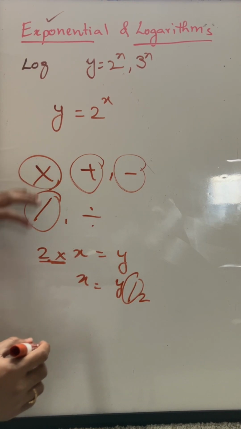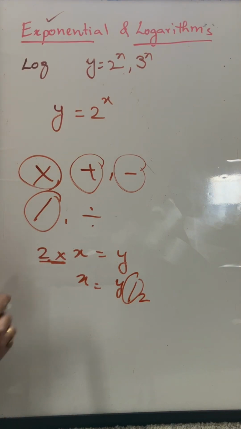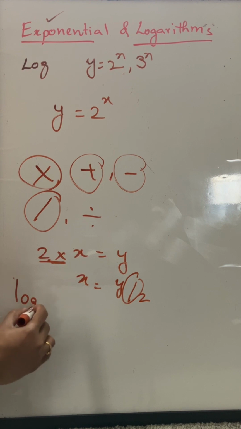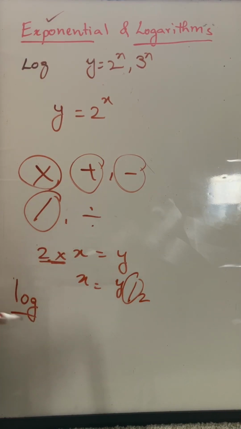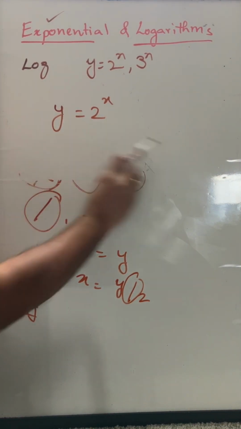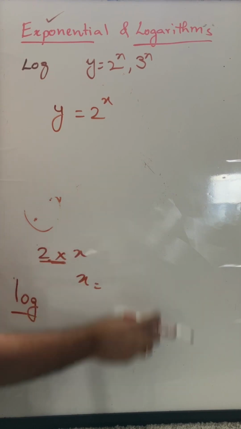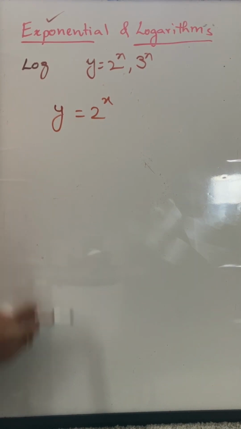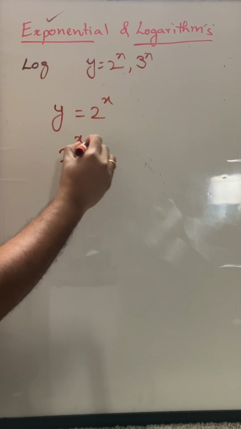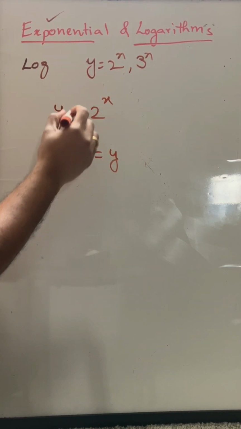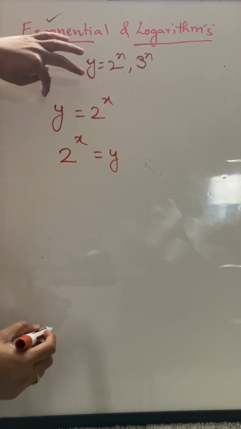Likewise, here we are introducing log. It is not a symbol, it is a short form of the English word logarithm. Instead of logarithm, we are just writing log. In this case, 2 to the power of x equal to y, I'm just swapping the positions, LHS becomes RHS.